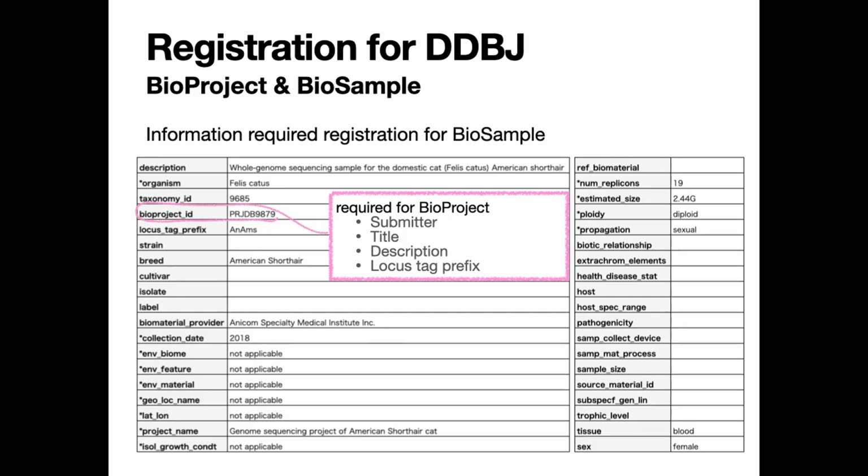After the bioproject ID is issued, we register the sequence and the annotation to biosample. The fields marked with an asterisk we must fill. Other fields not marked with an asterisk can be left blank, but it is recommended to fill them as much as possible.